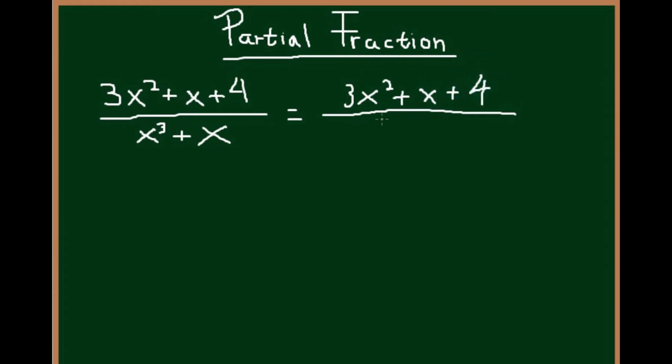And we got x and x squared plus 1. Sometimes a factor of the denominator is an unfactorable polynomial, and it is fine. Now we have to break this fraction into several fractions.